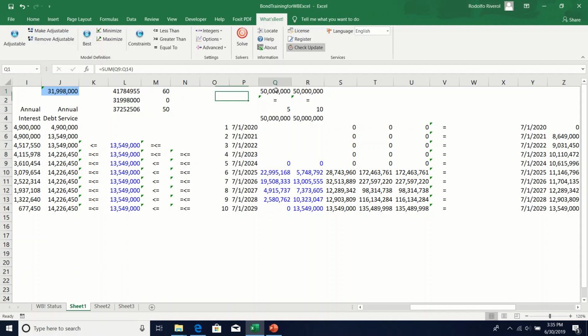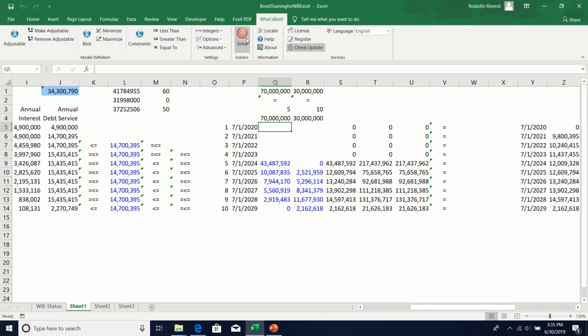Okay. Now let's see what happens with $60 million here. Say it's the same. 41 million. Let's see what blows it. Where do we have to go above the 41 million? 70 million? $70 million.